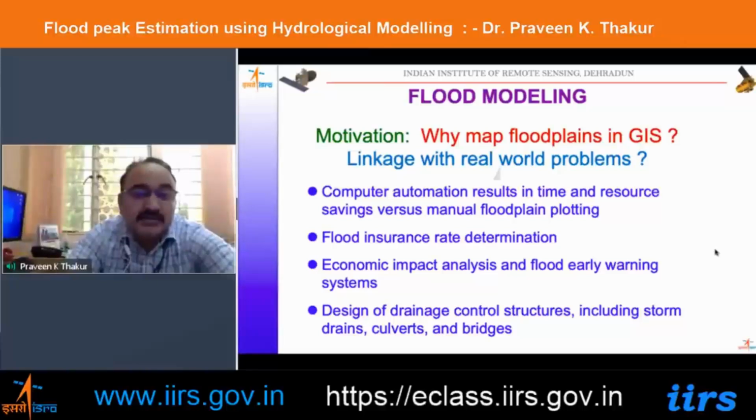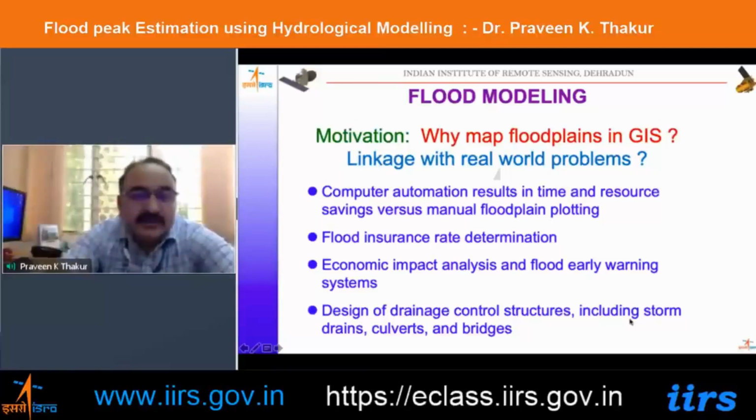Just like the agricultural crop insurance we have, all people in India can take this insurance, which will cover man-made and natural disasters in future. So insurance companies will require the flood hazard map to set the insurance rates. Then economic impact analysis, flood early warning, and design of drainage control structures.